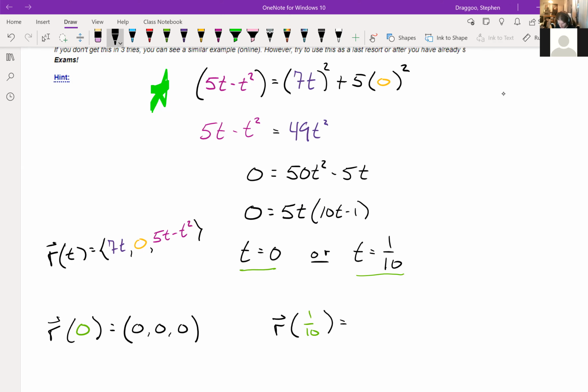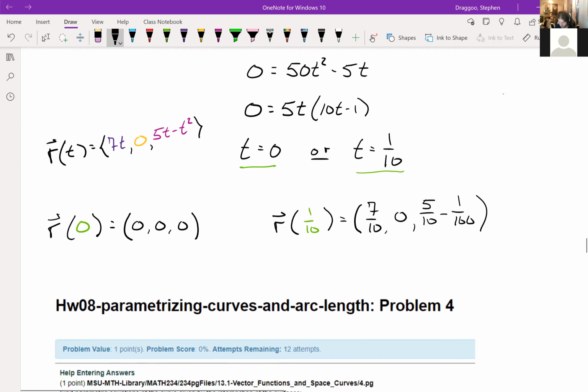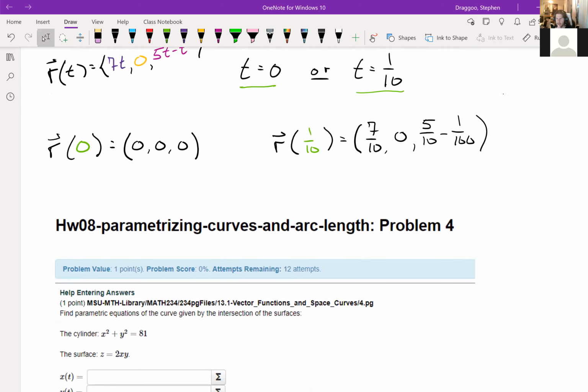On to the other piece. Plugging in 1/10, I should get 7 over 10 for x, 0 for y, and then 5 over 10 minus 1 over 100. I could simplify that if I wanted to, but I'll just leave it at that. You've got a calculator that can do that anyway.